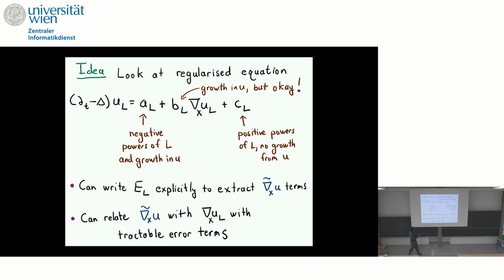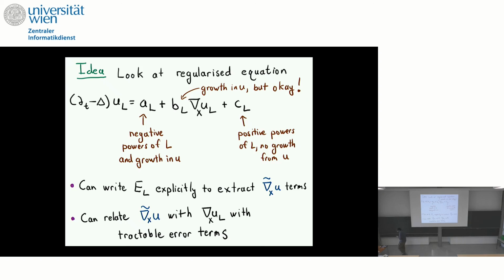And so here I have this middle term where I have the gradient of U_L multiplied by something that is allowed to grow in L. But what saves us here is that this middle term is a transport term, right? So if we're trying to estimate U sub L, then the size of the transport term doesn't make a difference in that estimate.